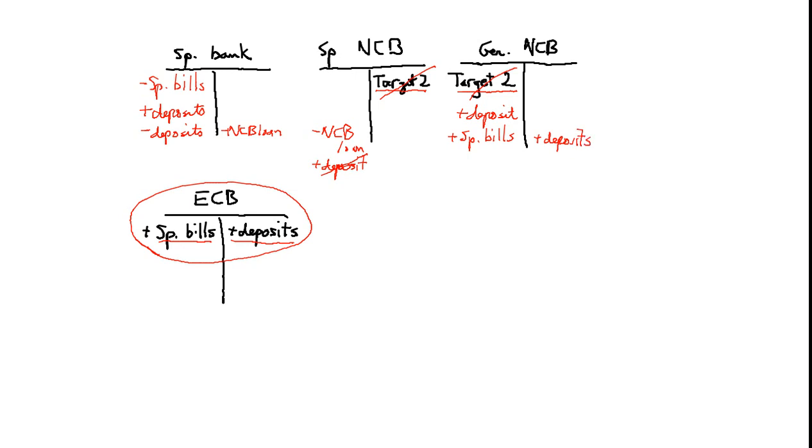But these deposits here just cancel against these deposits here. So what in fact the outright monetary transactions have done is to replace this unsecured Target 2 credit with a Spanish bill here. And the question that I raise in the post is, under what circumstances will the German National Central Bank find that to be satisfactory?